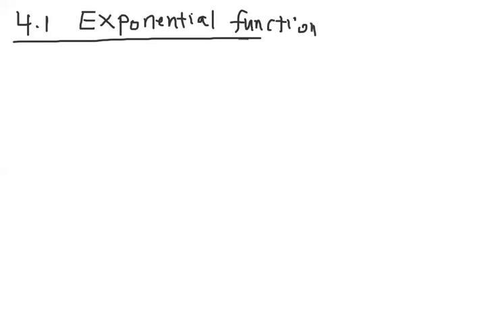So what is the exponential function? We learned the polynomial function, we know what a polynomial function is. Now we will learn a different kind of function. It's called the exponential function.